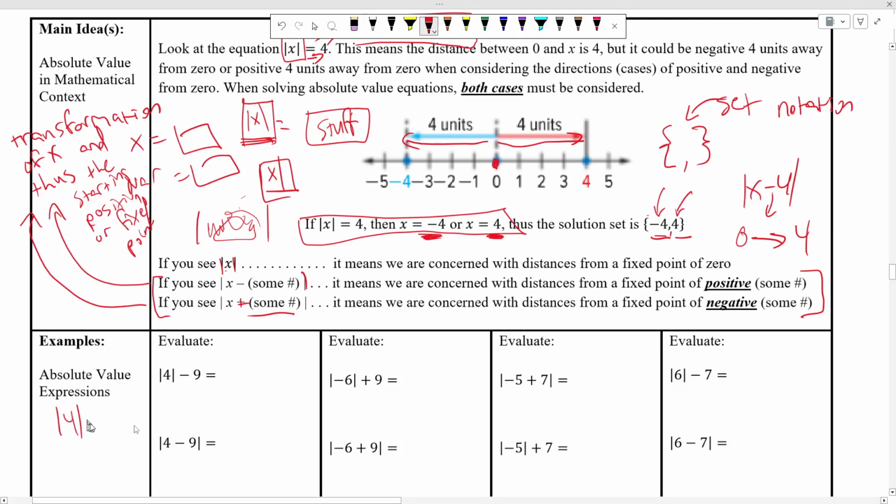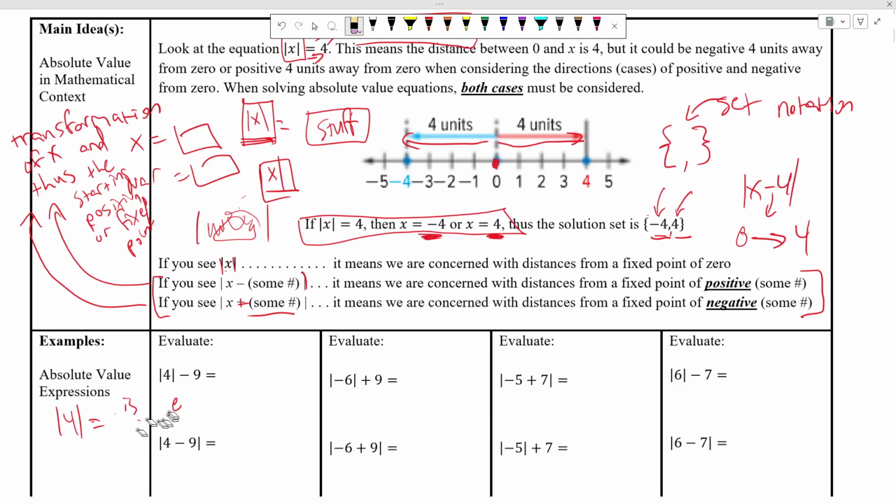What this ends up being is distance units. I want to be very clear in saying that the output of an absolute value term or expression or equation is distance units. And if you think about distance, like distance that you travel in a car or on foot or whatever, you're always going forward in distance. There is no such thing as negative distance.